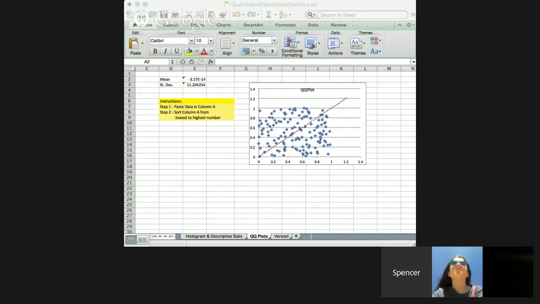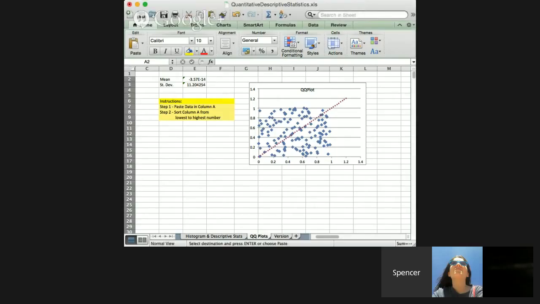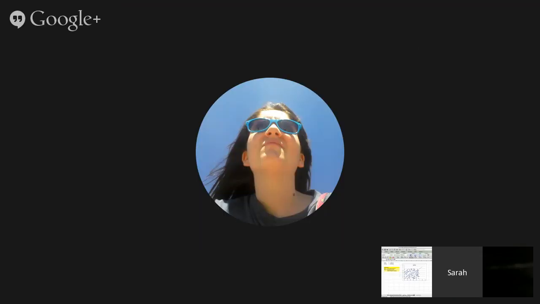Okay, so we did the scatter plot, and we could do the residuals plot.